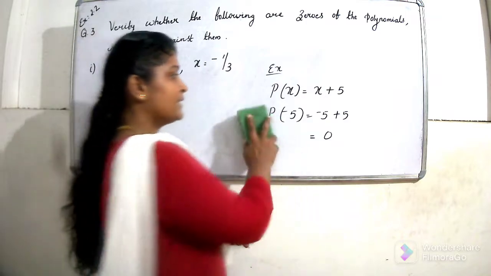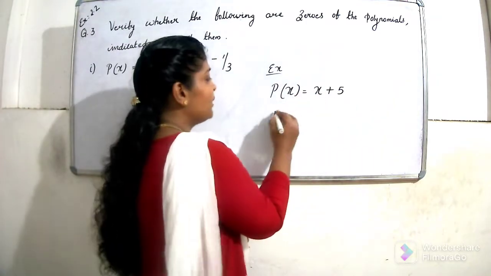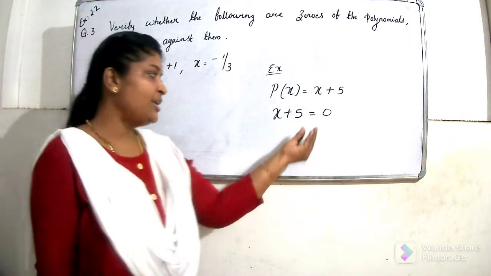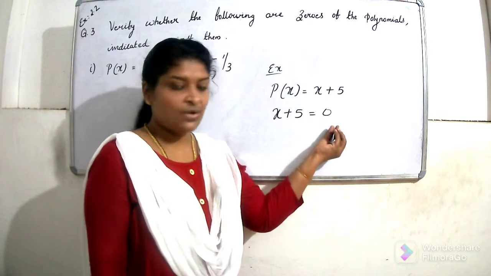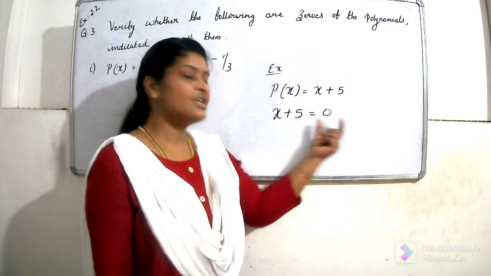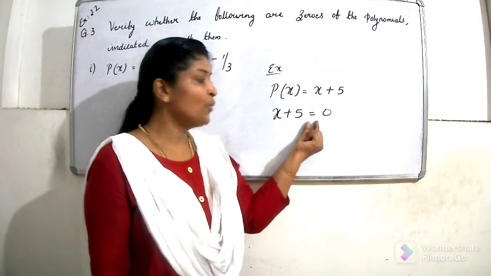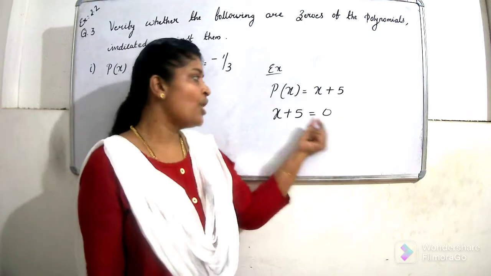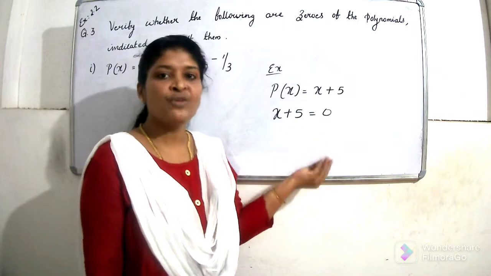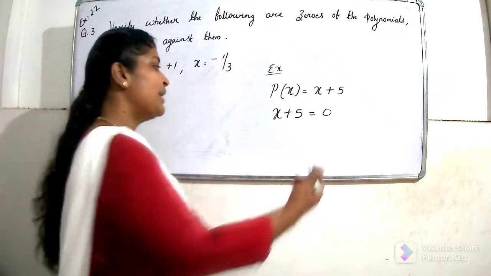Now, how do we find the zero of the polynomial? There is a method. We write the polynomial, x plus 5, equal to 0. We write equality and equate it to 0, because we want the answer to be 0. Now it is a simple equation, and we can find the missing value of x by transposing.